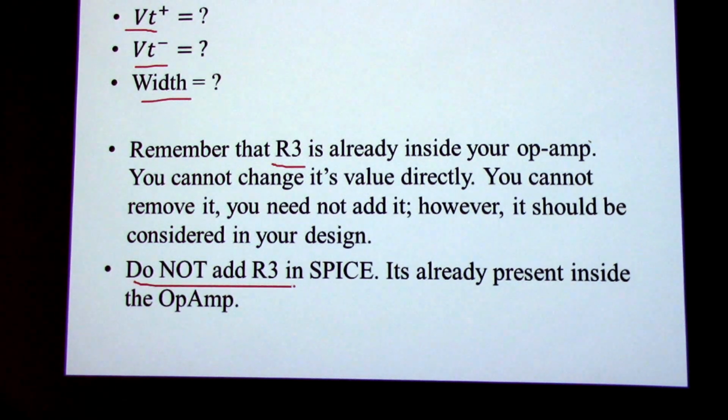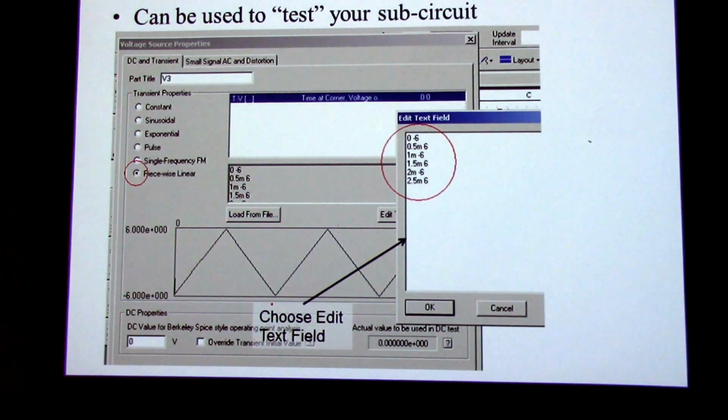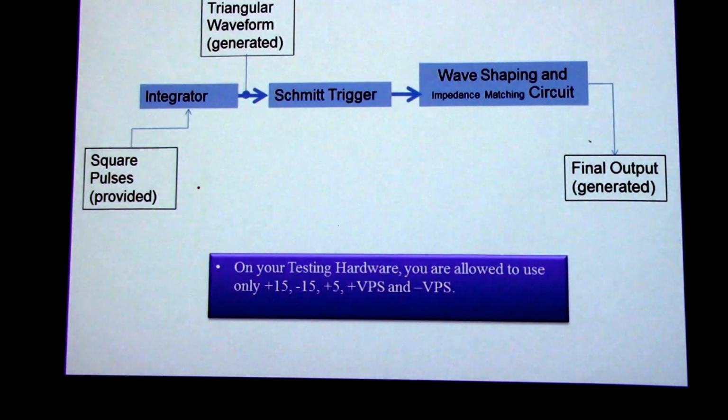And also do not add R3 in your SPICE, because when you put the op amp inside, SPICE thinks okay, the R3 is inside it. You don't have to put it separately. And this is how you can create a triangular pulse in SPICE. Like if you want, you can just define the terms, rise time, fall time, and using the piecewise linear source.